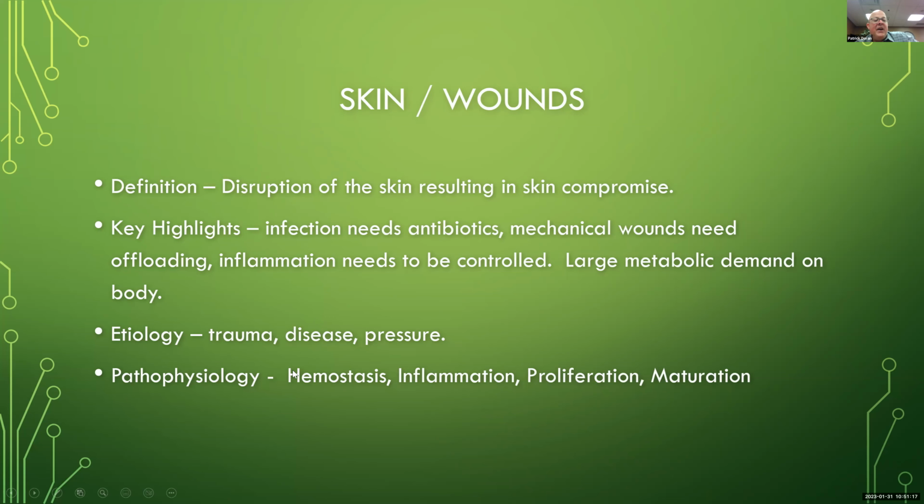The first phase is hemostasis. We need to stop the bleeding. Inflammation then needs to come in and start the inflammation process to clean up the damaged area. Proliferation is the growing of the new skin tissue, right?